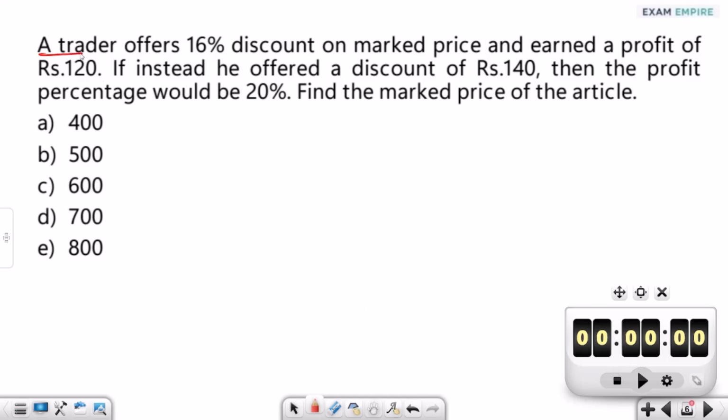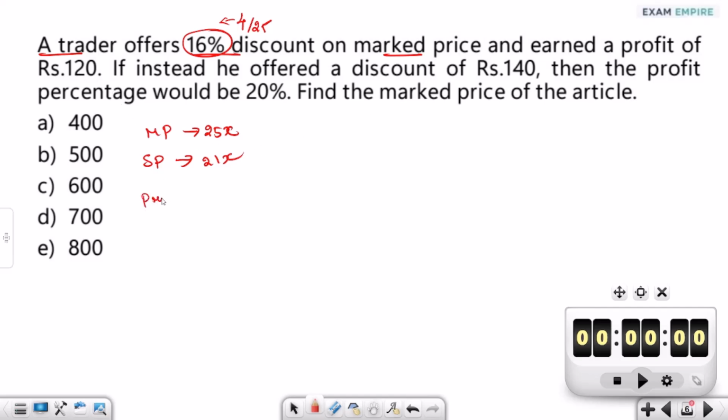Now let's solve this particular question. A trader offers 16% discount on marked price. So how can we write 16 percentage? 4 by 25. That is, if the marked price is 25x, then the selling price will be 21x because he is giving 4 rupees discount. Okay. And he earned a profit of 120.